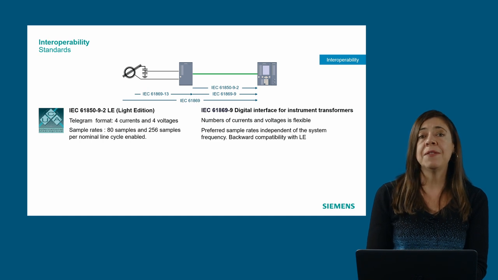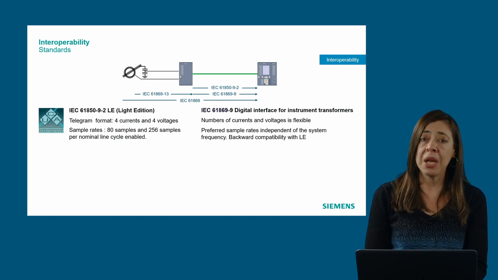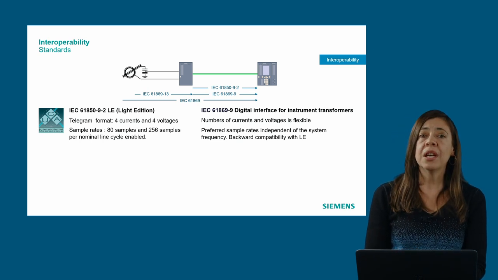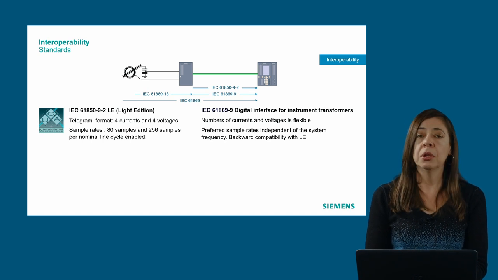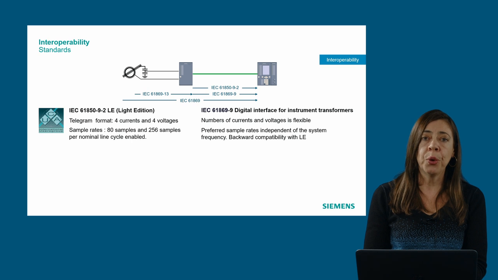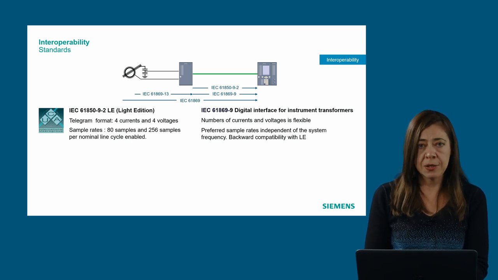So they defined 2 different types of sampling rates independent of the frequency of the system. On one side, we have 4,800 Hz for protection applications, and then we have 14,400 for power quality or other types of applications.